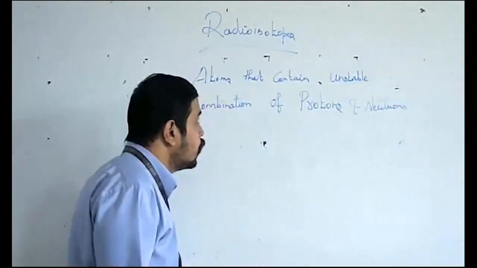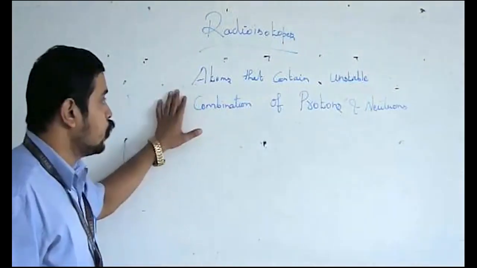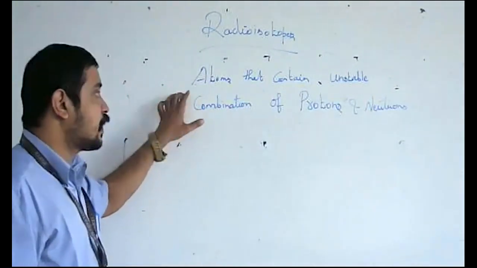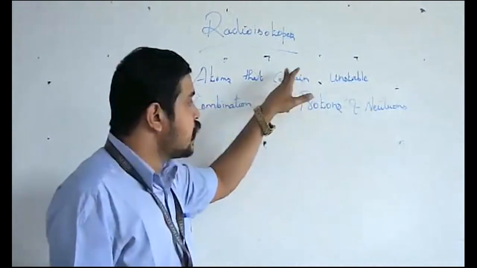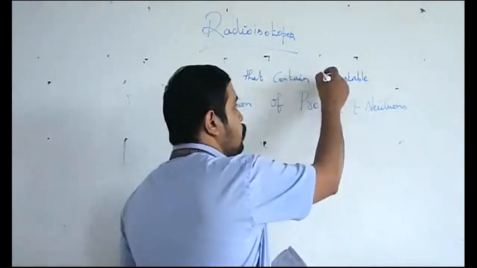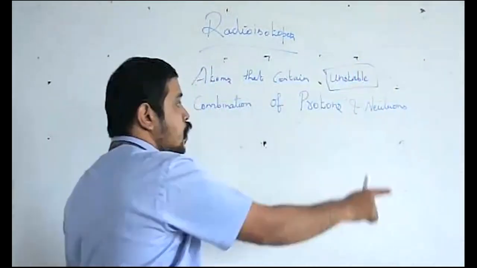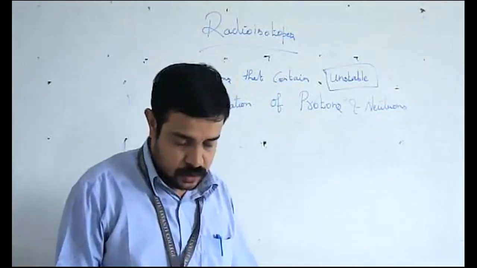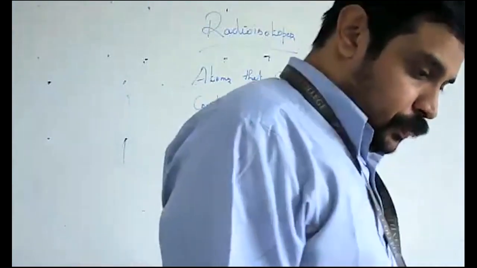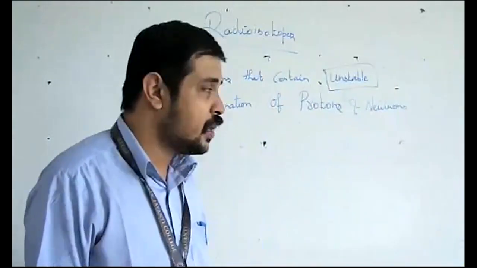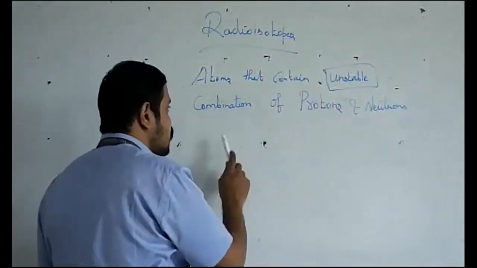Okay, I repeat. Radioisotopes are those atoms that contain an unstable combination of protons and neutrons. Now, it may be a little difficult to understand since we use the words unstable combination.